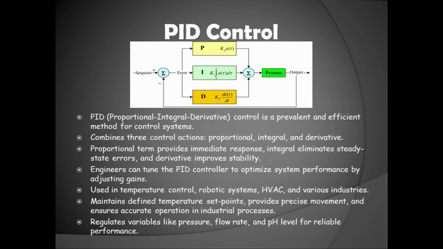It is used in temperature control systems to maintain a defined temperature set point by regulating heating or cooling inputs, as well as in robotic systems to provide precise and smooth movement by regulating motor positions or velocities, and in HVAC systems as well to keep interior temperatures where they should be. PID control ensures accurate and reliable operation in industrial processes by controlling variables such as pressure, flow rate, or pH level.